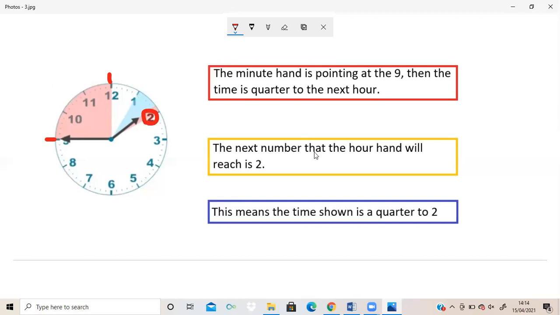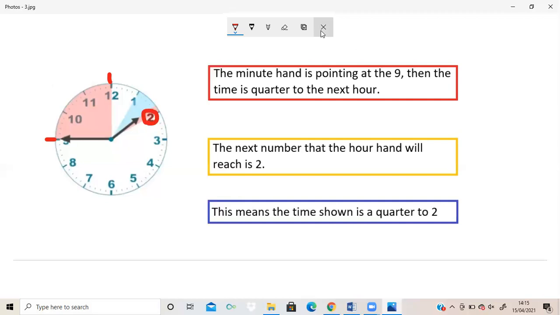The next number that the hour hand will reach is 2. That is its destination. This means the time shown is quarter to 2. I hope now you understand how to say quarter to time.